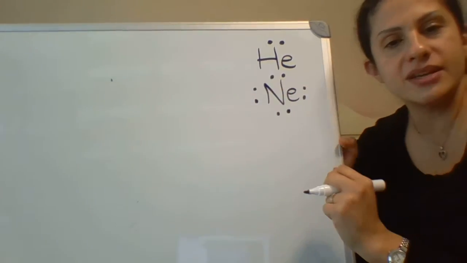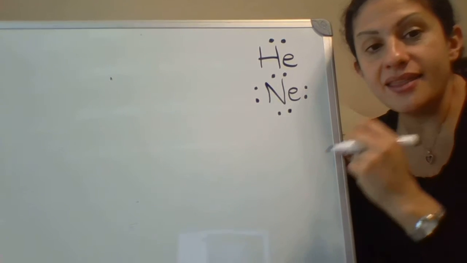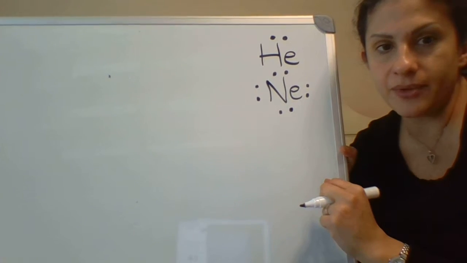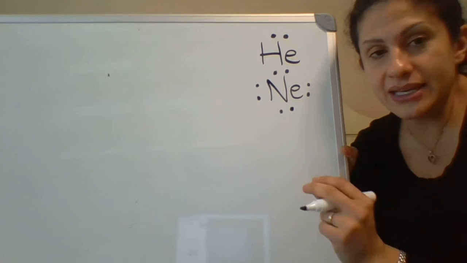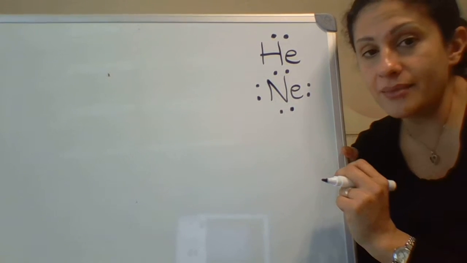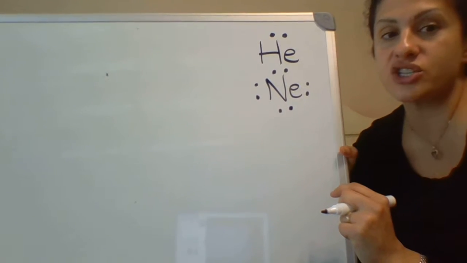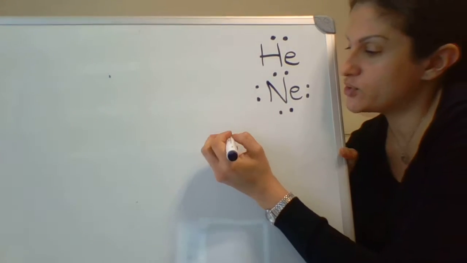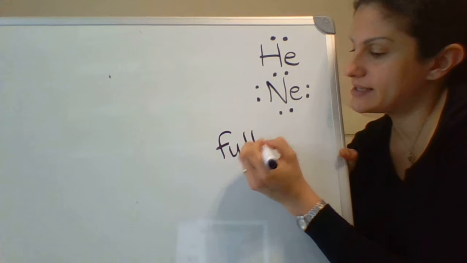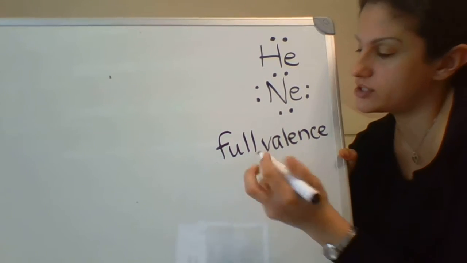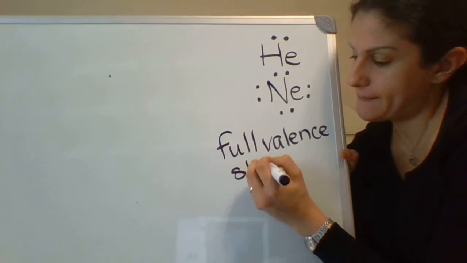We refer to them as inert gases, meaning that they do not react with any other element in the periodic table. And the reason being that they do not react with any other element is because they have full valence shells. So the key to inert gases is that they have full valence, remember, the outermost shells.